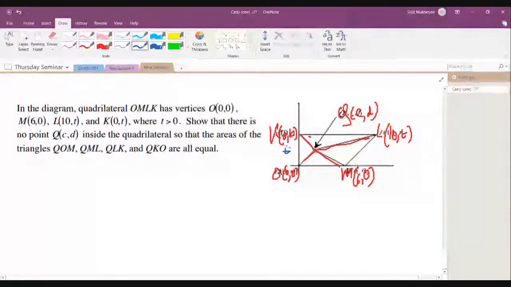The base is T over here, the base is 6 over here. We don't know about this base or this base, but we can easily find out the area of this quadrilateral, because it's a trapezium.